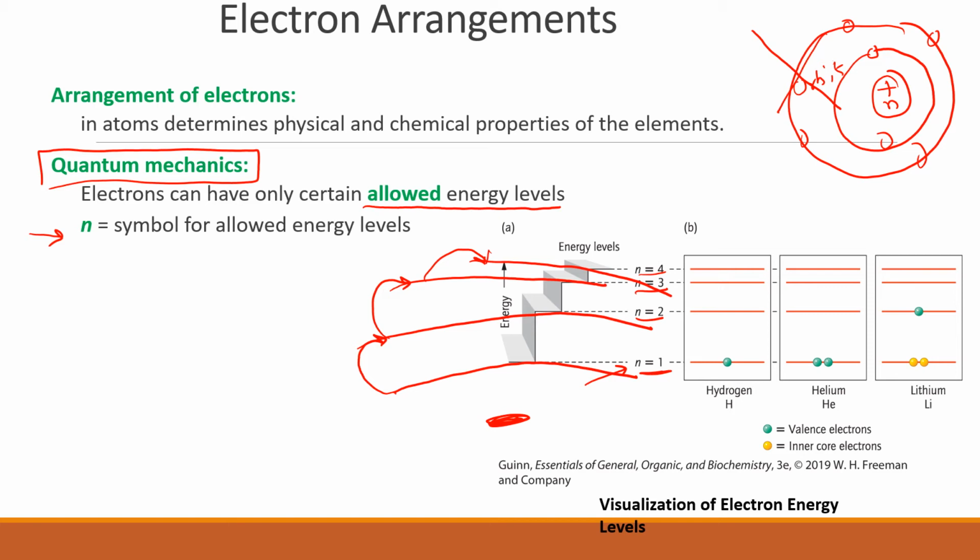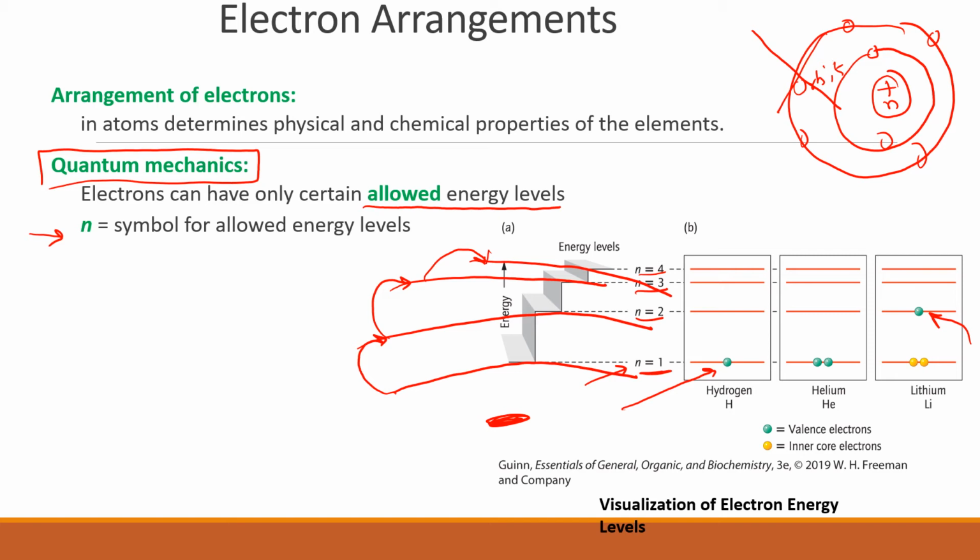Any electron which is on the first level, for example, this electron in the case of hydrogen, will be the closest to the nucleus. As electrons go to higher levels, for example, in lithium, this electron is on the second energy level. So it's farther away from the nucleus.